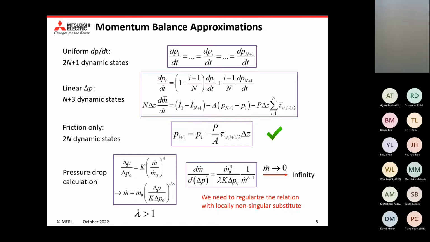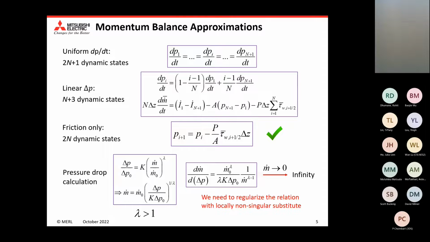So we have evaluated several model reduction techniques for dealing with the momentum balance. For instance, we can assume that the derivative of pressure is spatially invariant along the length, and also we can assume that the pressure is linearly distributed along the length.